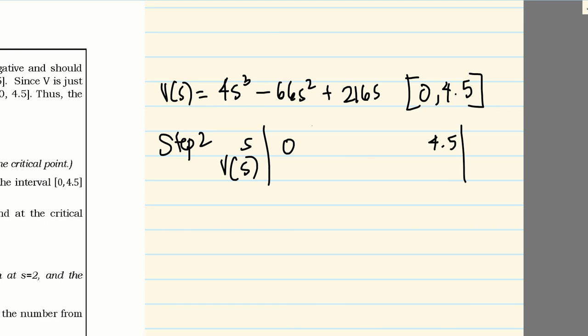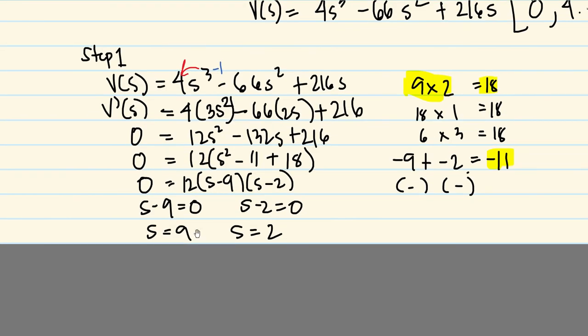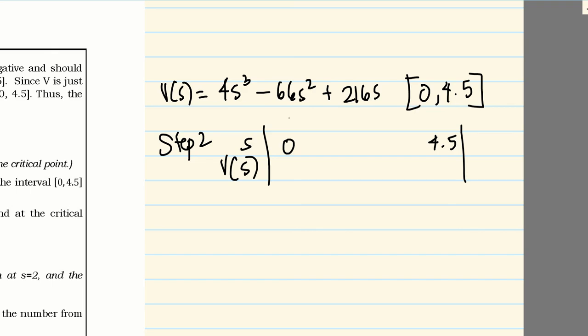What is the other value here? Let's go back to our step 1. We have 9 and 2. We remember our interval is up to 4.5 only, so we use this one only, s equals 2.